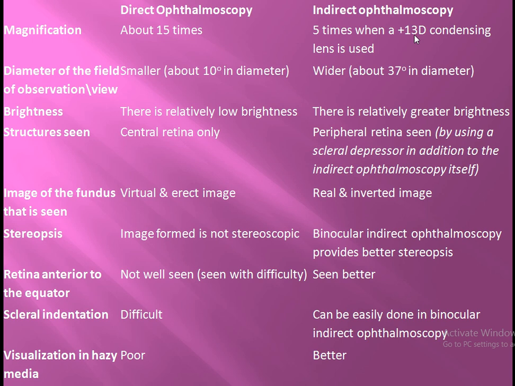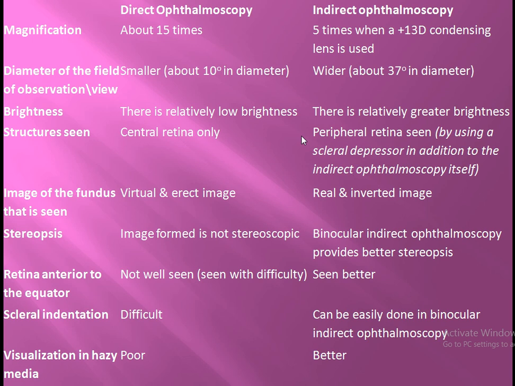Diameter of the field of view, brightness, structure seen. Now this is very important: in the direct, only the central retina can be visualized, while here you can see the peripheral retina also. That is, the view becomes much larger.